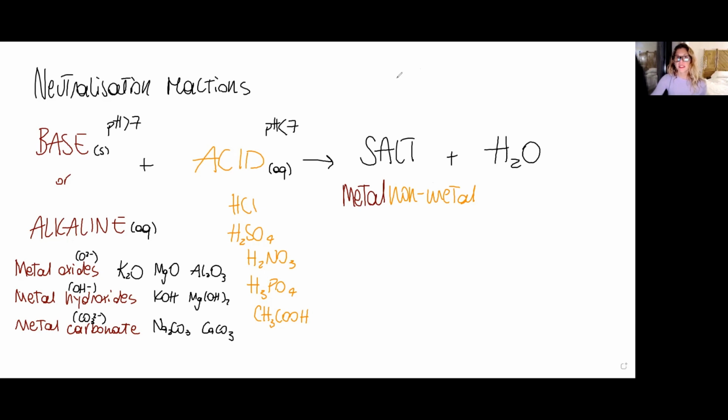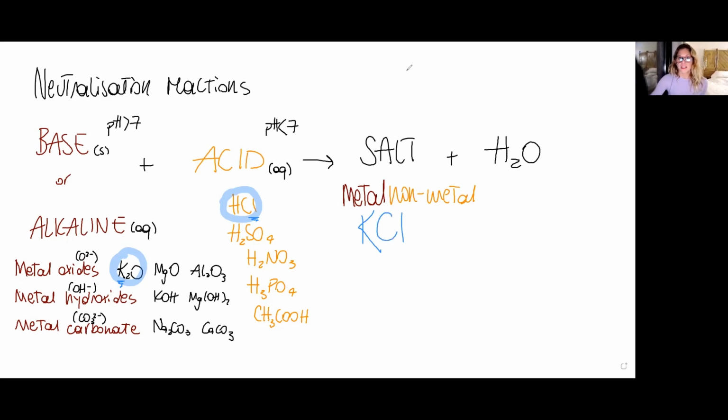For example, let's say we have a reaction between potassium hydroxide and hydrochloric acid. The formula of the salt would be the metal from the alkaline or the base, which is potassium. We recognize that by looking at the periodic table, and we know it's a metal. What's the non-metal? The non-metal comes from the acid, and that's of course not hydrogen, because hydrogen is what's involved in the reaction. So it will be chlorine.